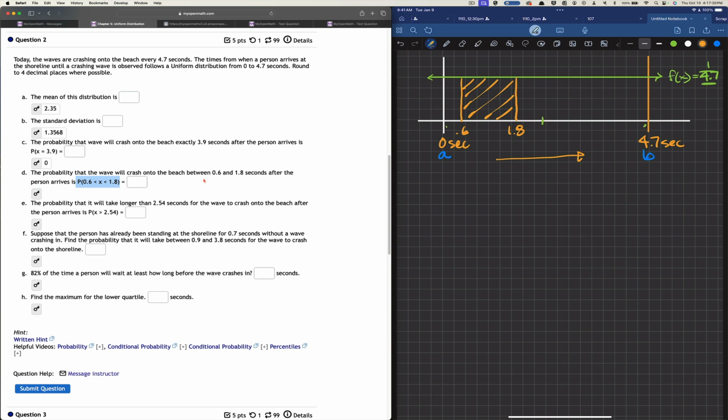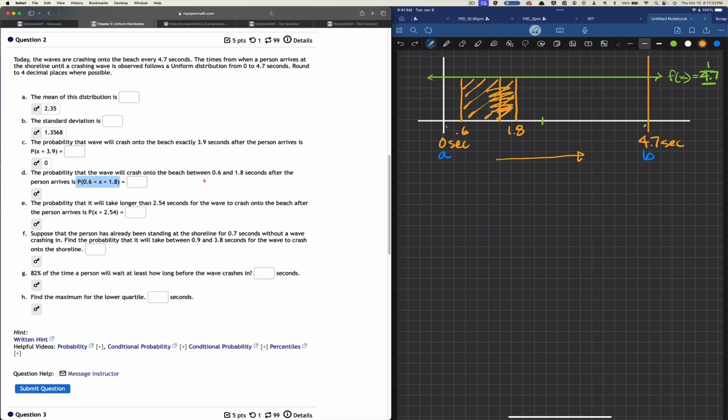They're averaging 0 to 4.7 seconds. It doesn't take longer than that. So they start the stopwatch as soon as I appear at the top of the stairs, and they swing their head over and wait for the wave. So if the wave hits right away, they'll click it. And we're trying to figure out what's the probability of the wave striking or crashing between 0.6 and 1.8.